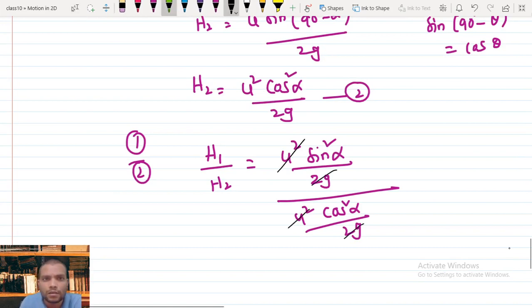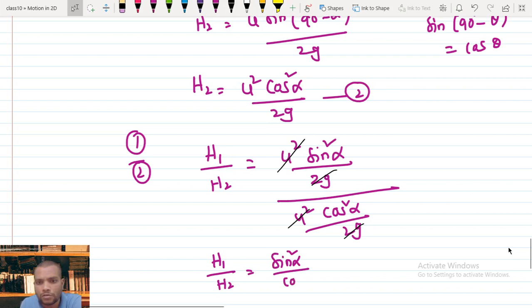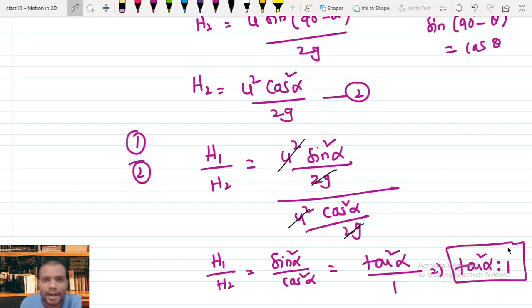So the ratio h1 upon h2 equals sine square alpha upon cos square alpha, which is equal to tan square alpha. But we need to write it as a ratio, so we write it upon 1, and it turns out as tan square alpha is to 1. So that is the height ratio if the angles are alpha and 90 degrees minus alpha.